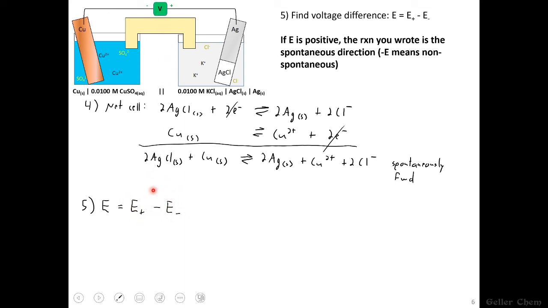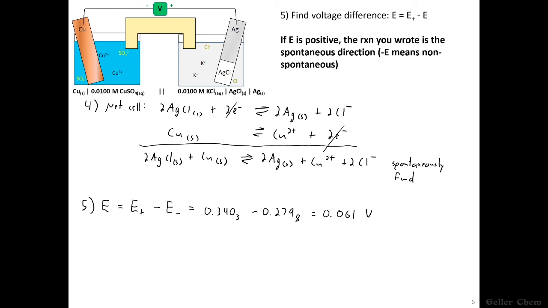But notice we've abandoned the standard state symbols because we're going to plug in the actual voltages, which were 0.340 little 3 minus 0.279 little 8. Solve, and then we'll finally deal with sig figs. We get 0.061 volts. Positive value, energetically favorable.